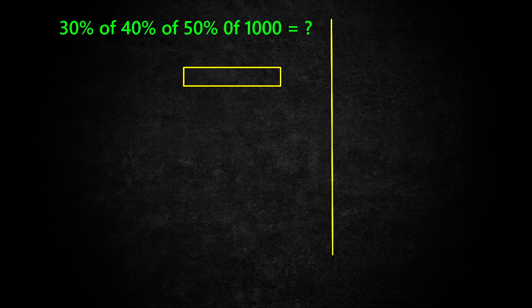So the first question is, what is 50% of 1000? This is the reason for this video. Most of the students are taught 50% is 0.5. Well, it's fine, no problem. You have to multiply 0.50 with the 1000.